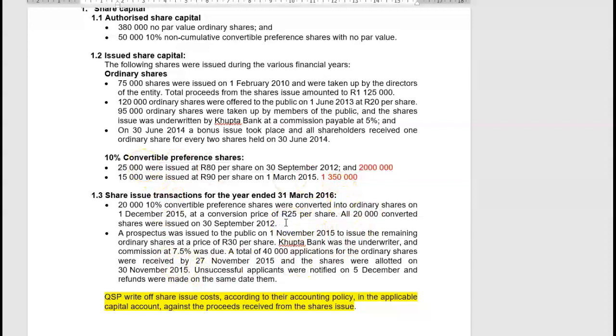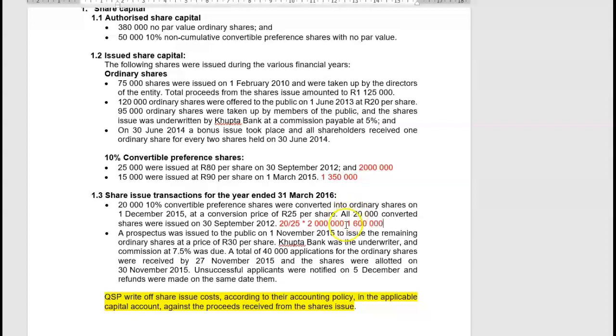So if we have then 20,000 divided by 25,000 multiplied by 2 million, which was the value of that share issue. I think I've got too many. See guys, that also happens with you if you don't put your zeros properly in a test, then you start dropping off zeros or adding zeros, and that is when all the problem starts. That gives us 1.6 million Rand.